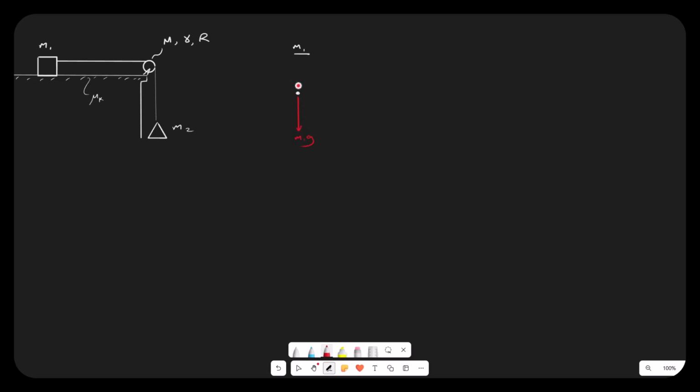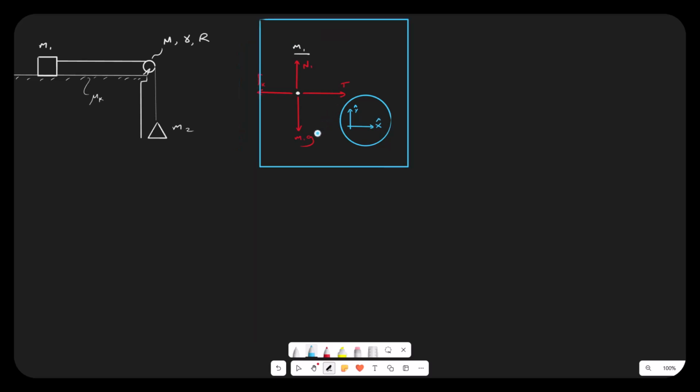We have M1G going down, we have a normal force going up, call that N1, we have a tension going to the right, and we have a friction going to the left. That should be familiar. Friction kinetic. If I stick with my axis of to the right counts as positive x, up counts as positive y, then I have my full free body diagram.